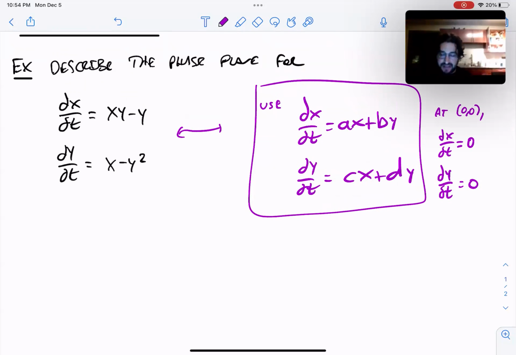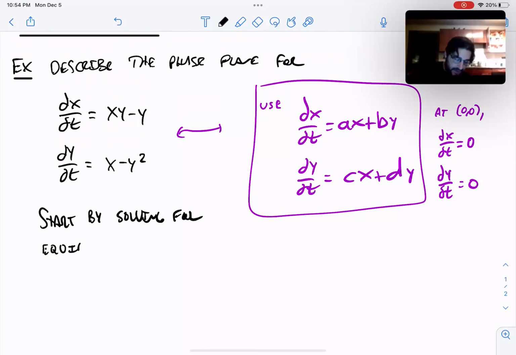And so what we're going to do is start by solving in the nonlinear system for equilibrium points, and then we'll build a linear system at each equilibrium point.